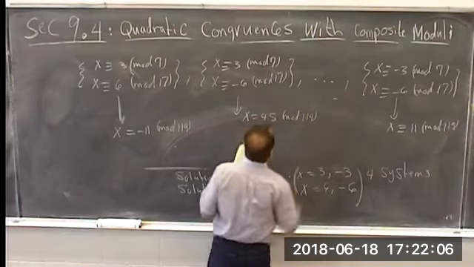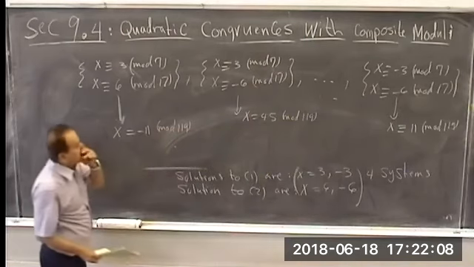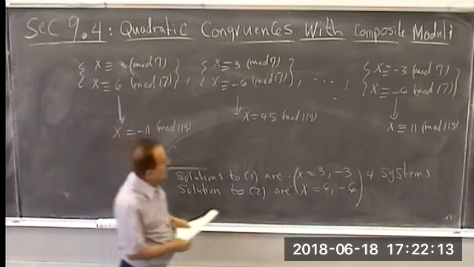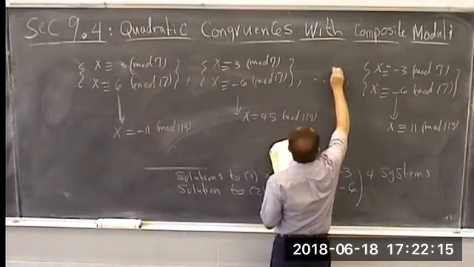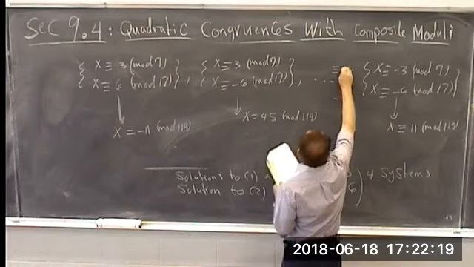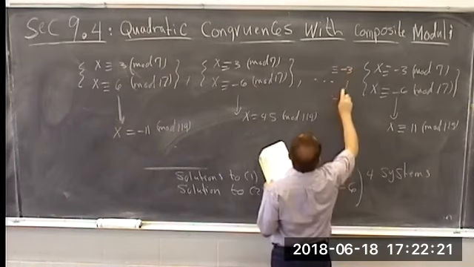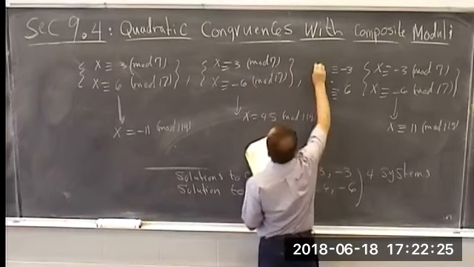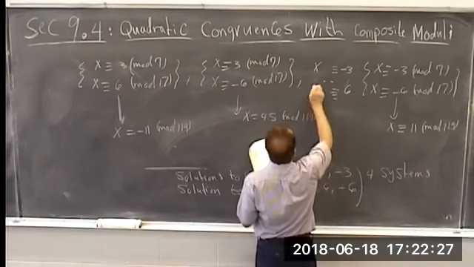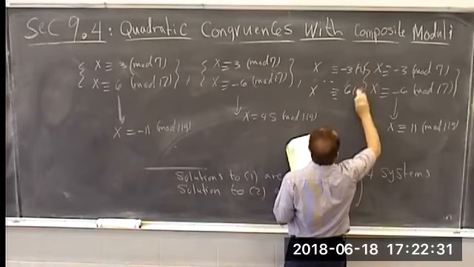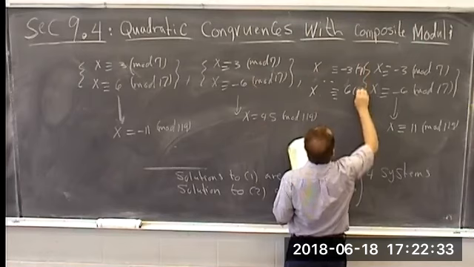And then there's the other 2 in between. Actually, one more, 1, 2. Yeah, the third one in here, which is congruent to negative 3 and 6. This is mod 7, this is mod 17.